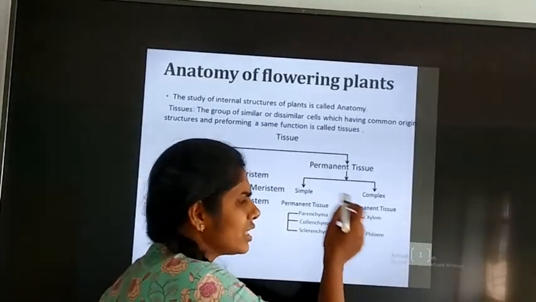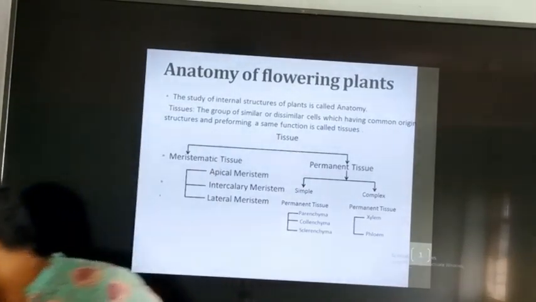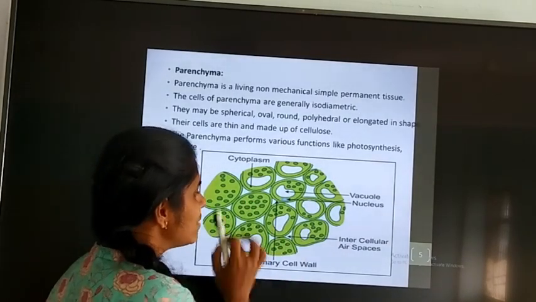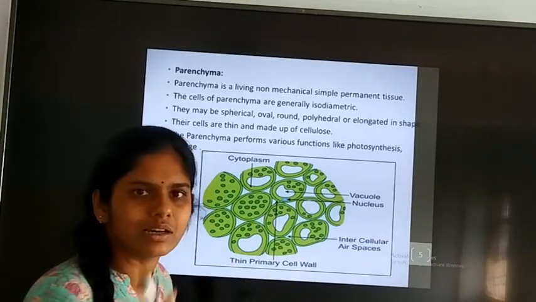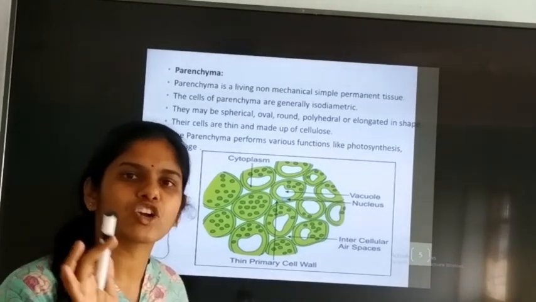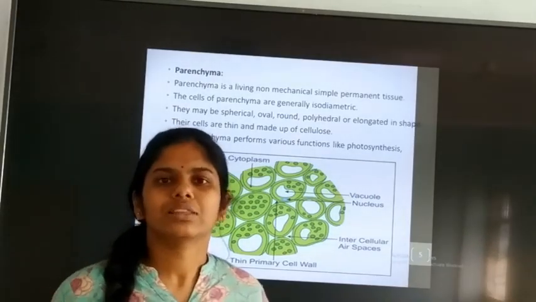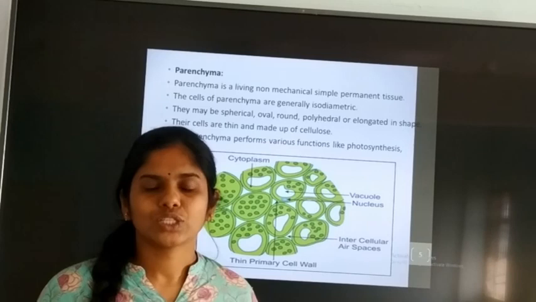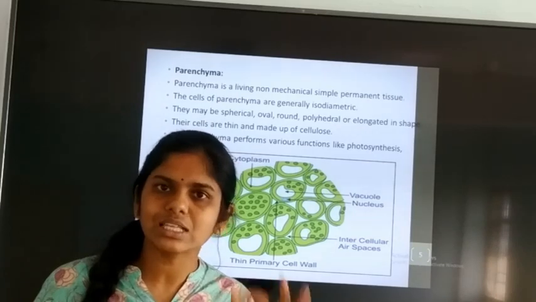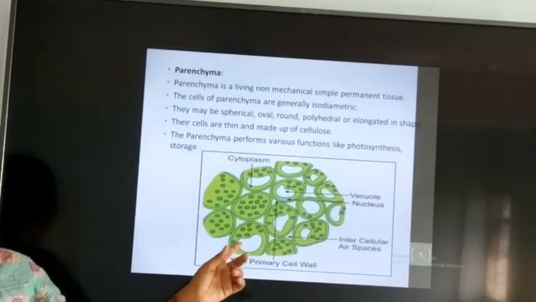All parenchyma cells are similar, and they perform a common function, that is the storage of food material. So it is a simple permanent tissue. Simple permanent tissue means it is a group of similar cells performing a common function.